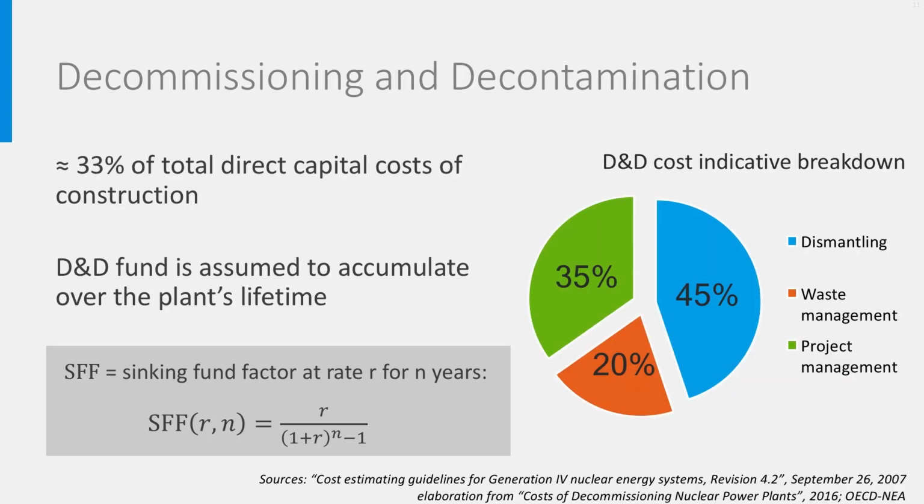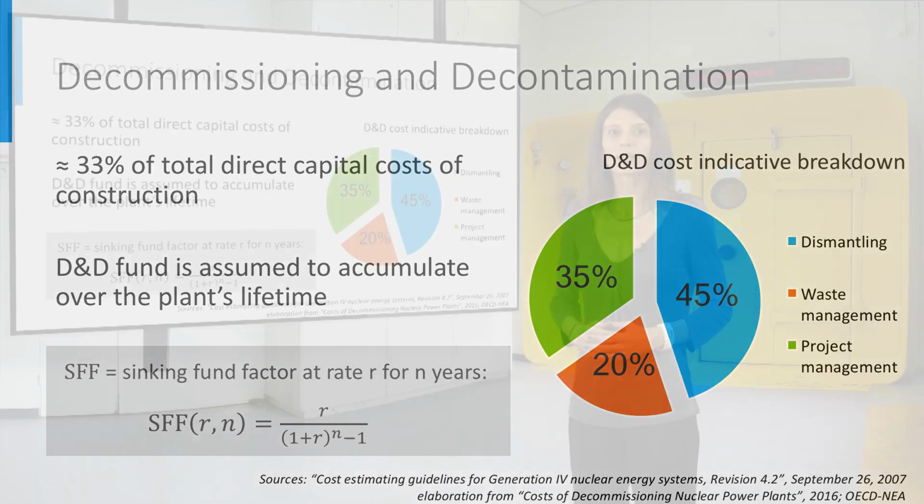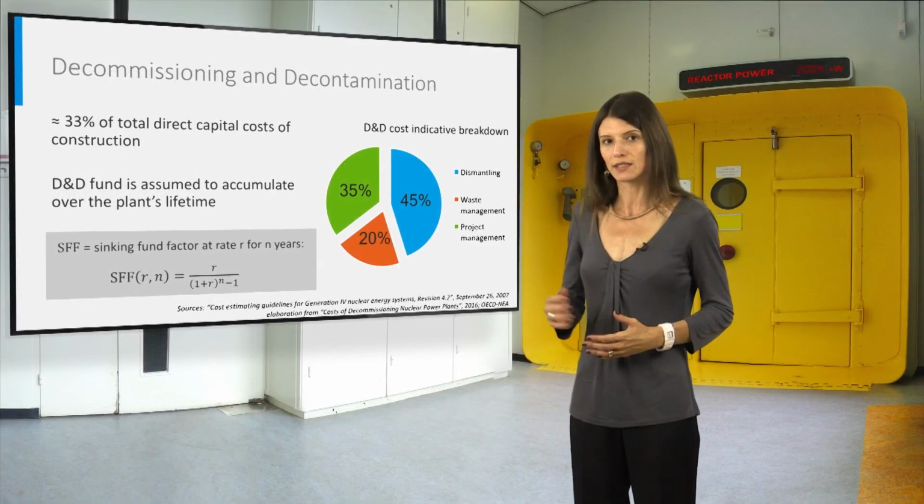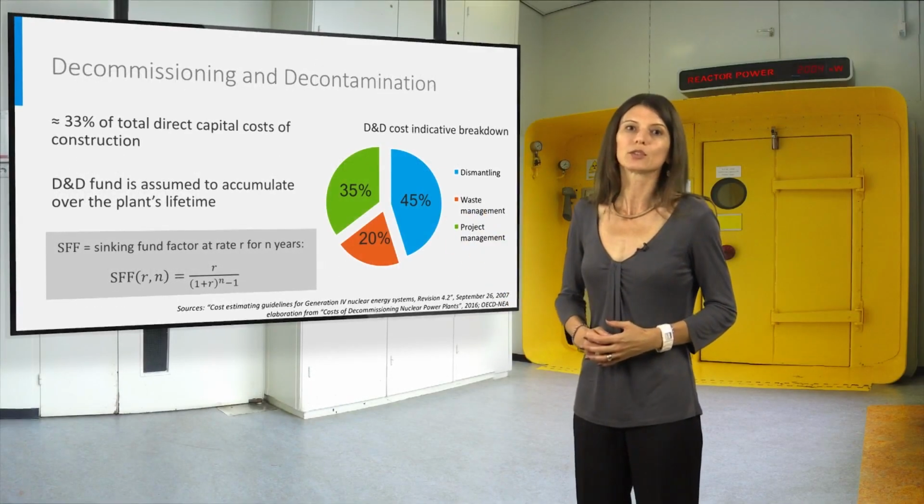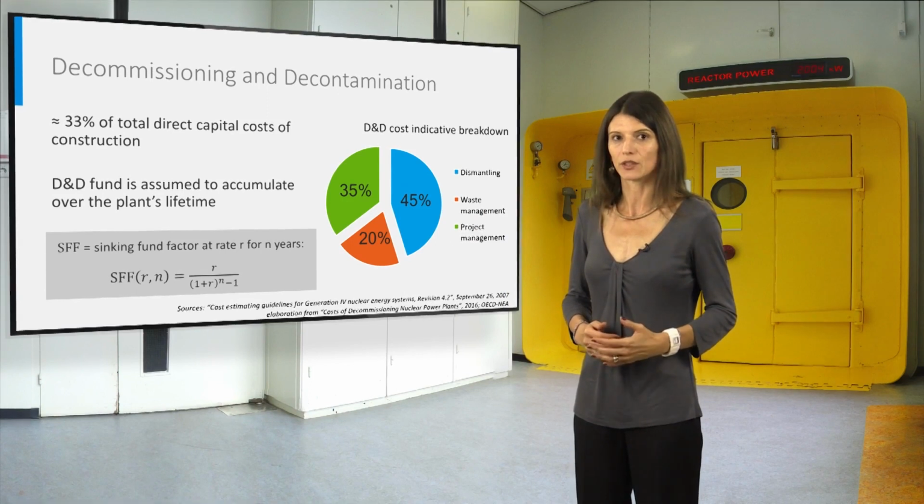Normally, a decommissioning and decontamination sinking fund is established during the plant's operating lifetime that sometimes can be invested in high-grade tax-free bonds to accumulate the funds necessary for decommissioning. The sinking fund formula indicated here can be used to calculate the annual payment to the D&D fund.